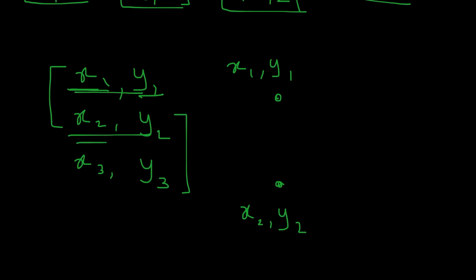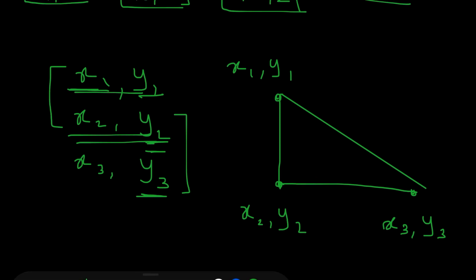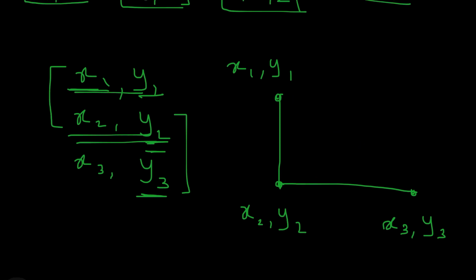And for the last two, the y values are same, so here x2 y2, and as the y values are same, the third point will be here, x3 y3. So here what does it form? It forms a right angle triangle, right? This one is the corner.